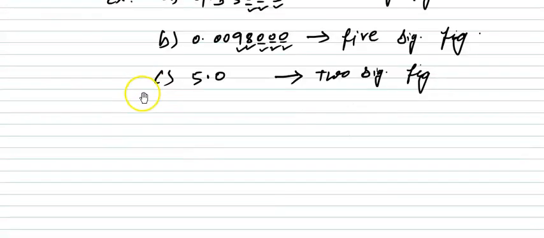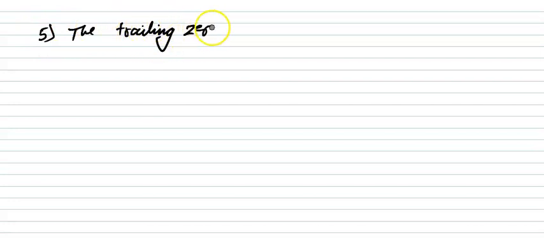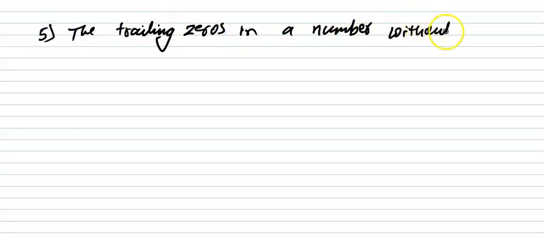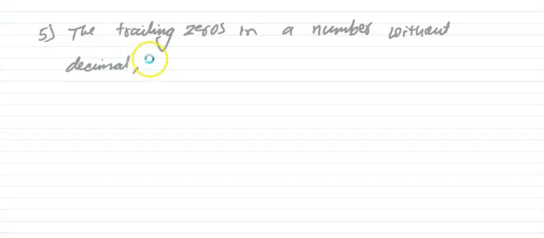Now come to rule number 5. The trailing zeros in a number without a decimal are not significant.